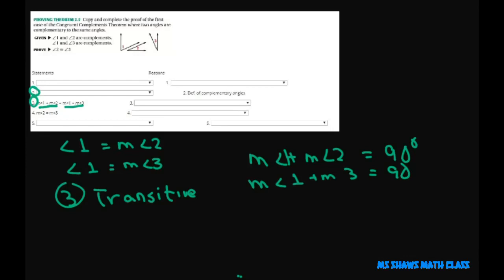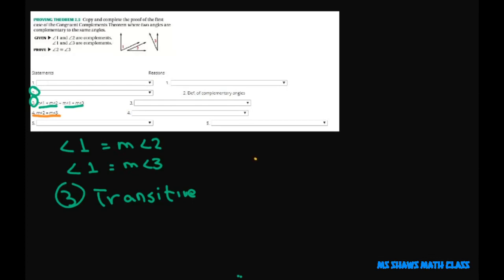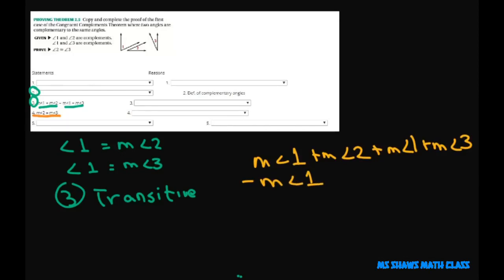And then we also know that the measure of angle 2 equals the measure of angle 3, and that's with me subtracting. So if we say measure of angle 1 plus the measure of angle 2 equals the measure of angle 1 plus the measure of angle 3, if I subtract the measure of angle 1 from both sides, I get this.